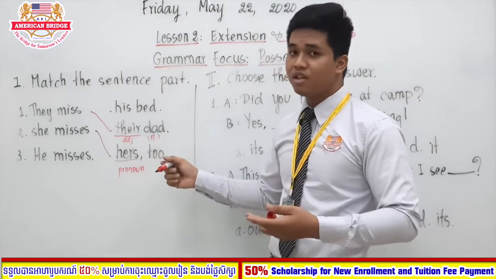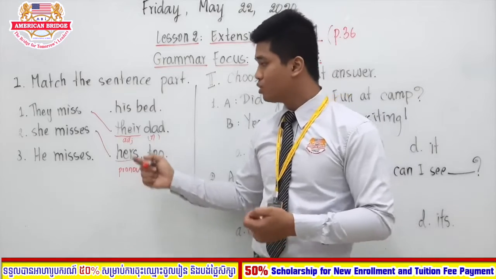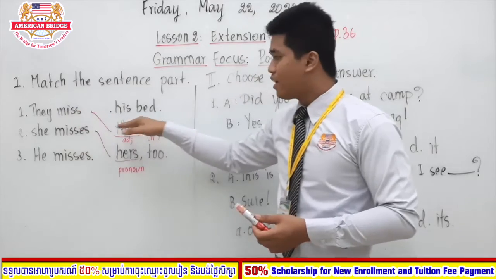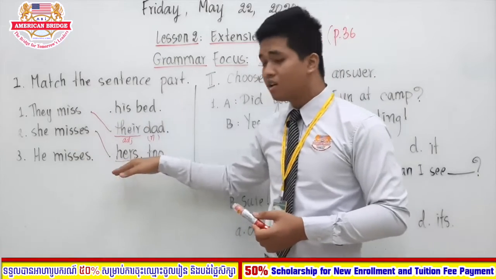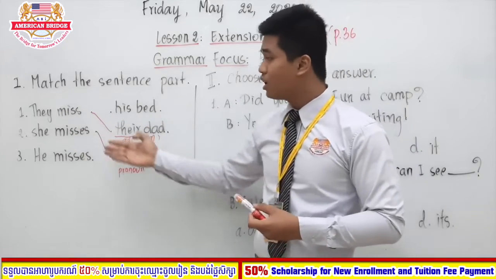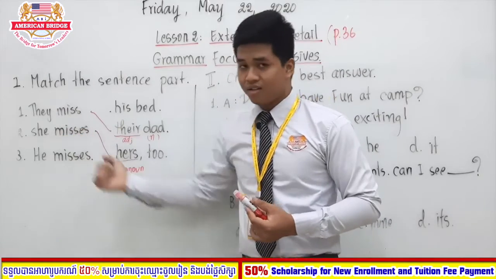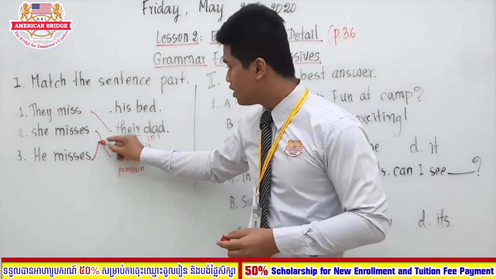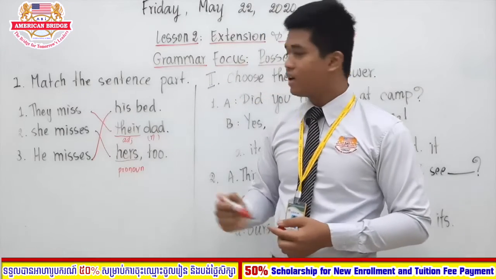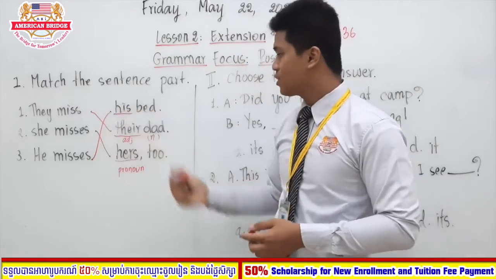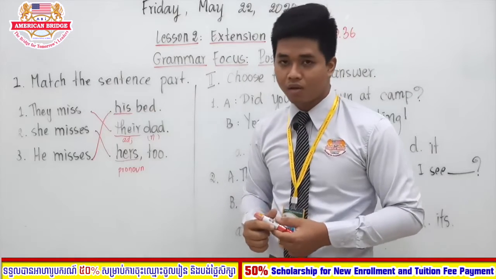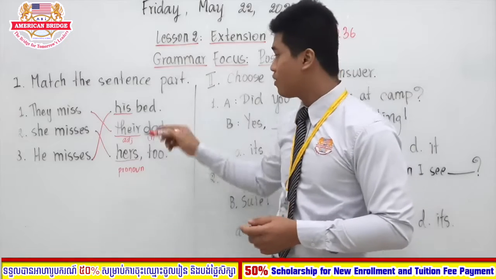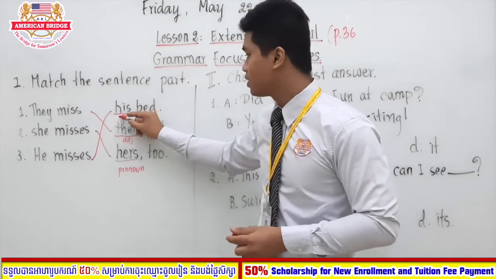We cannot see the noun, so it is a pronoun. It refers to the dad. We understand, they miss their dad, she misses hers too, which means her dad. And the last one, he misses his bed. And his here is a possessive adjective because we have the word bed here.